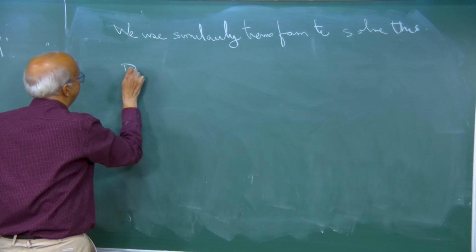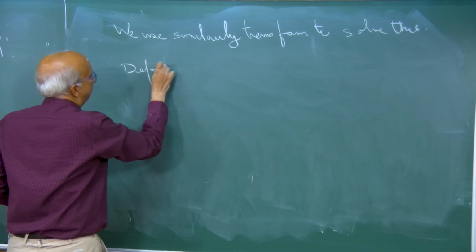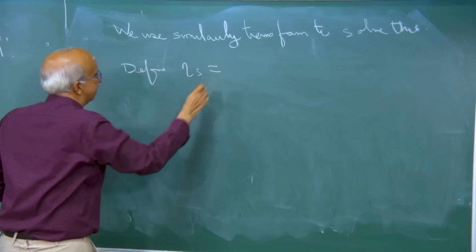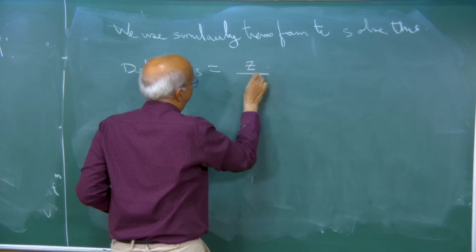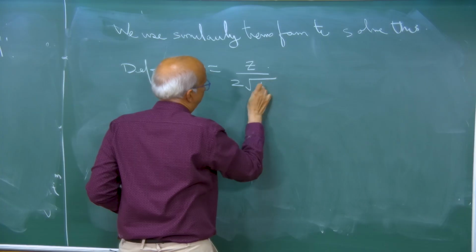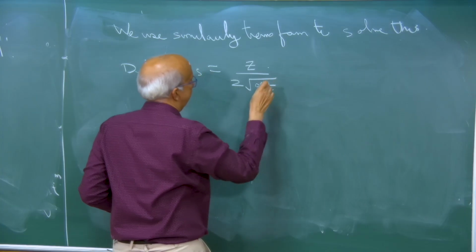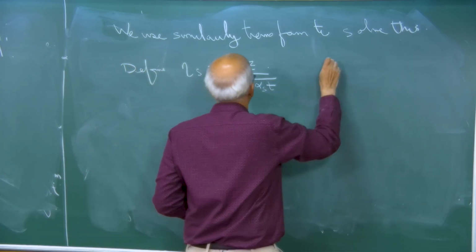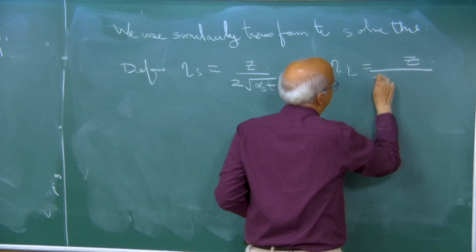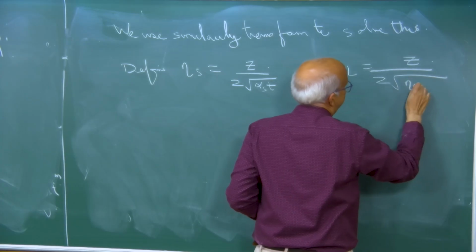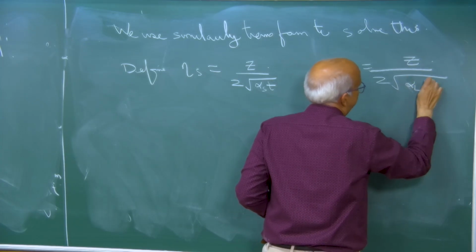Define eta s as z divided by 2 times square root of alpha s t, and eta L as z divided by 2 times square root of alpha L t.